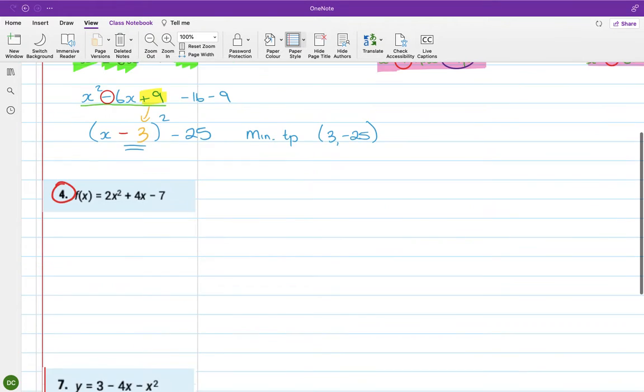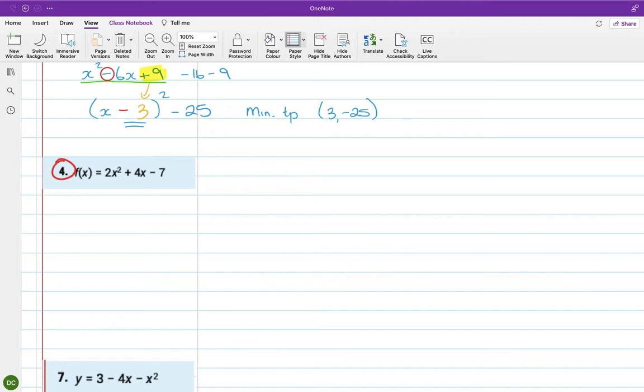This version here has a coefficient, so it has a number in front of x squared. Same method. We take the coefficient on x, which in this case is a 4.